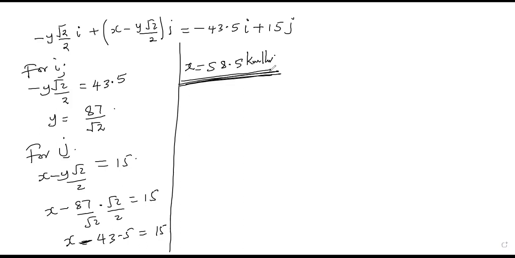And we see. This example goes: a cyclist riding due north at 40 kilometers per hour.